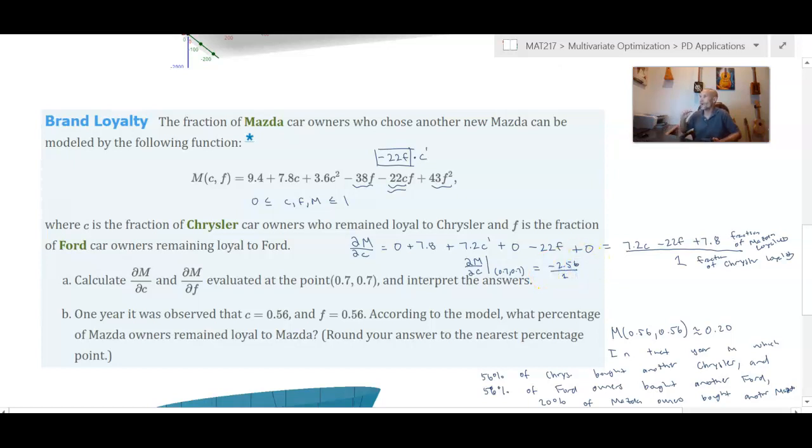Remember, these are fractions, so we could think of them as percentages: 256% to 100%.